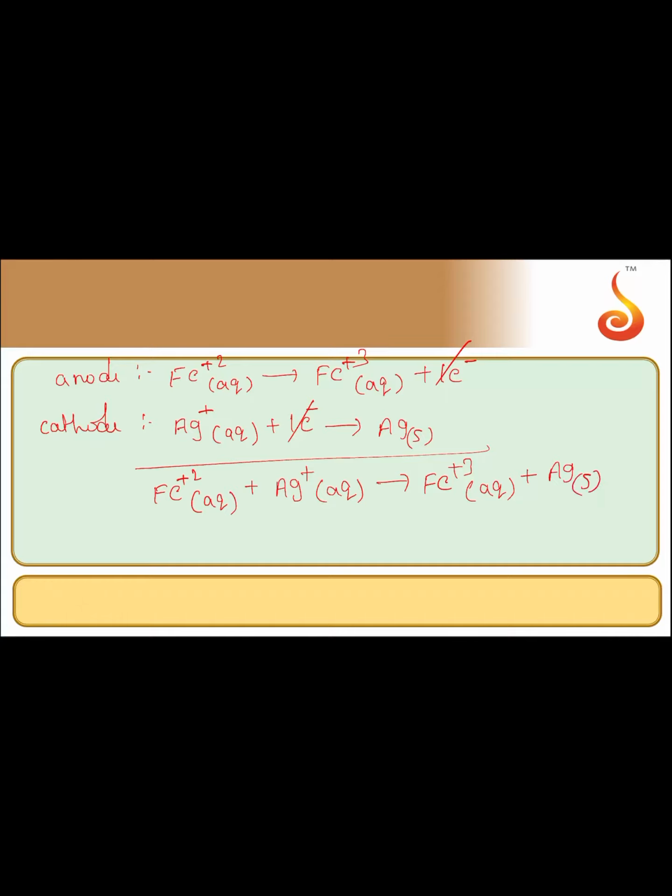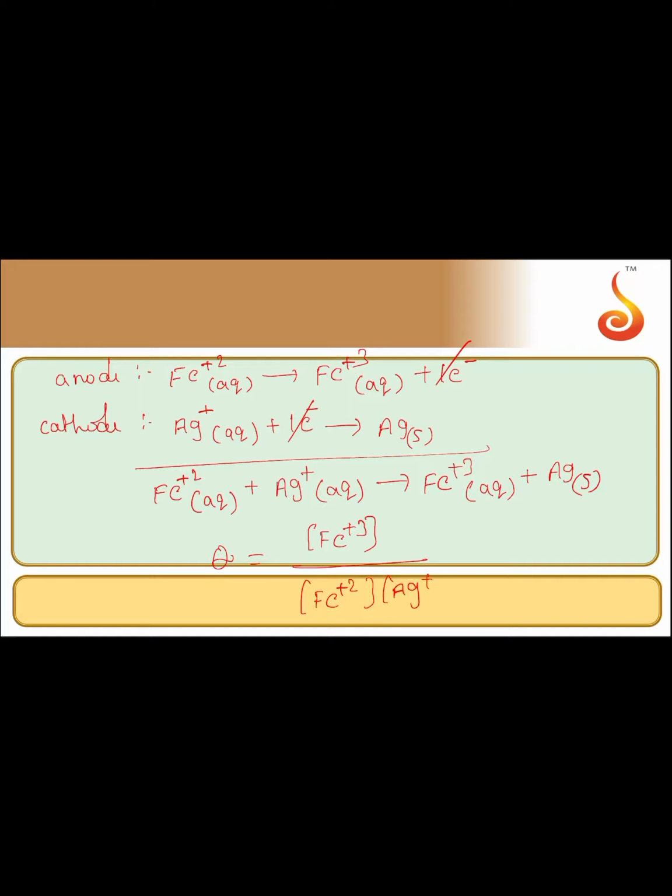From this, Q is equal to product concentration by reactant concentration. Solid concentration is 1 molar, so Ag solid concentration is 1 molar. So Q is Fe3+ by Fe2+ into Ag+.